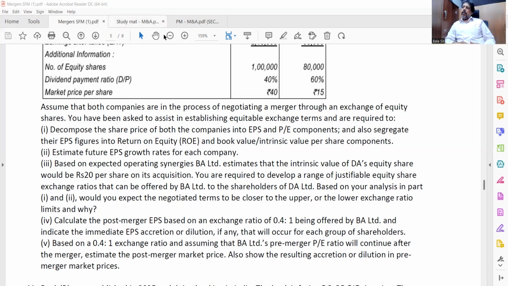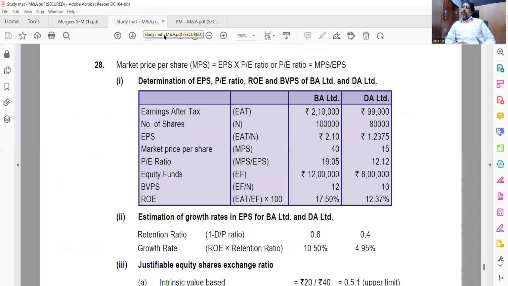So retention ratio is 1 minus dividend payout ratio, which is 0.6 for BA and 0.4 for DA. Then growth rate is computed as return on equity into retention ratio, which works out to 10.5% for BA and 4.95% for DA. 17.5 into 0.6, and 12.37 into 0.4.